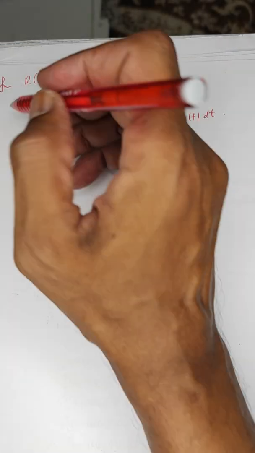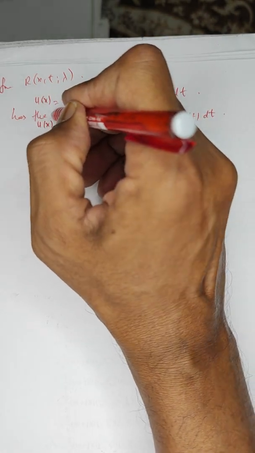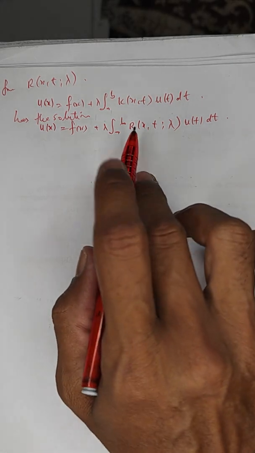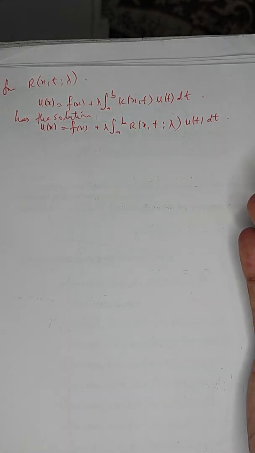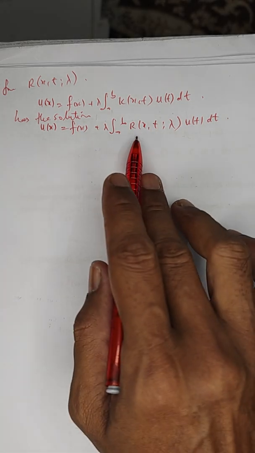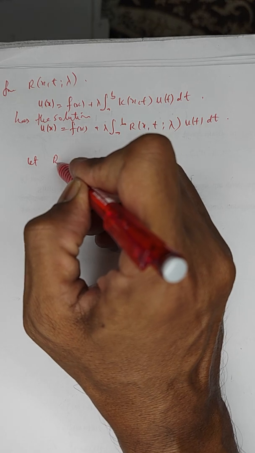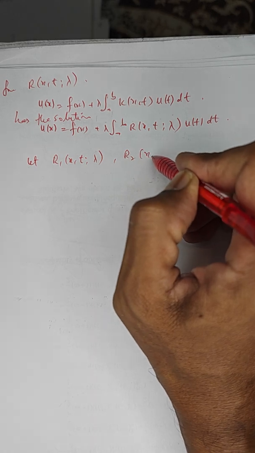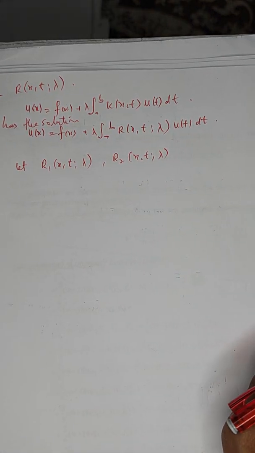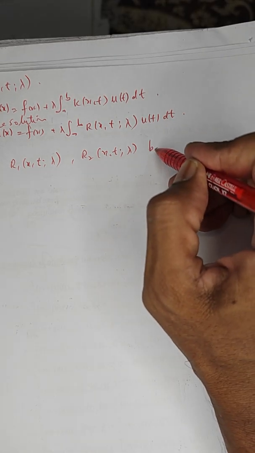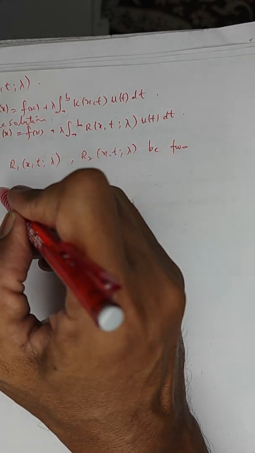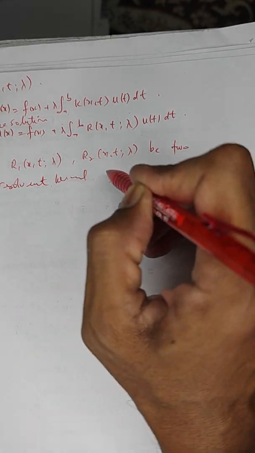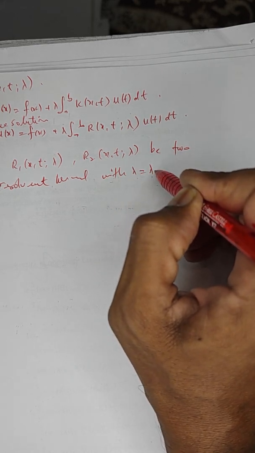Okay, so let this equation have the solution given as that. Now let's say this solution has two resolvent kernels. So let R1 x t lambda and R2 x t lambda be two resolvent kernels with lambda equal to lambda naught.